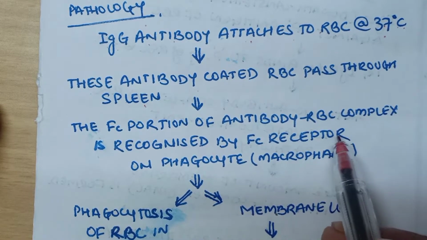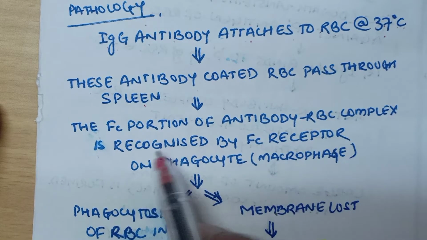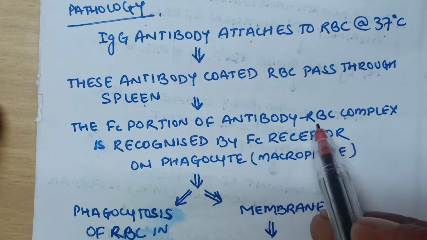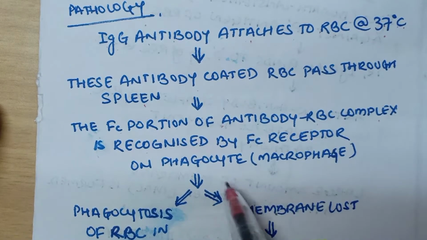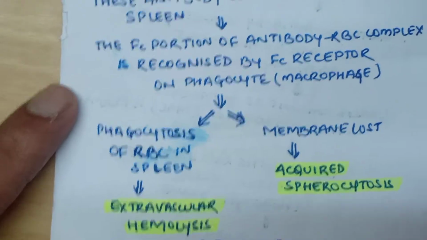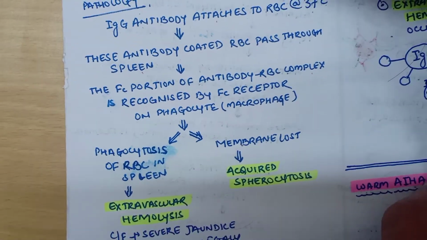That is, the Fc receptor of the macrophage will recognize the Fc portion of the antibody-RBC complex. So this will cause phagocytosis of RBC in the spleen.